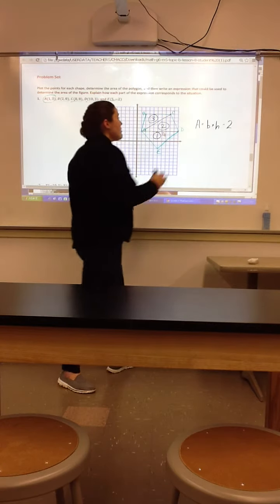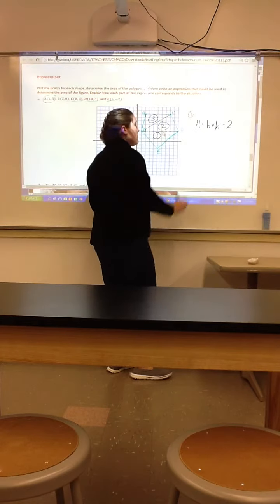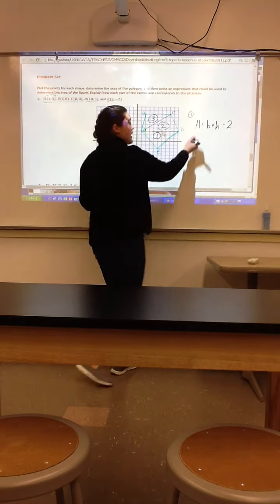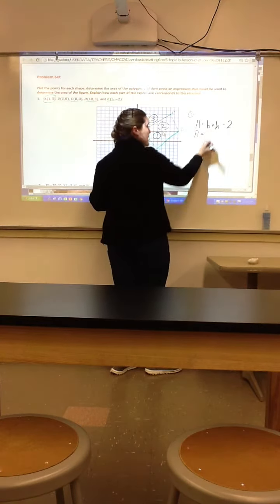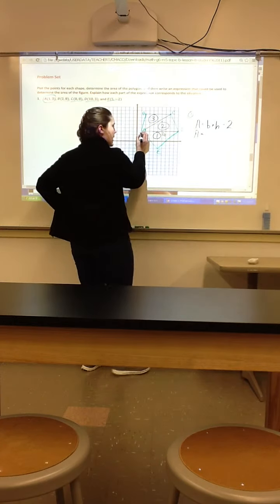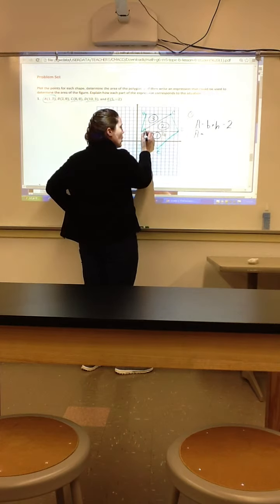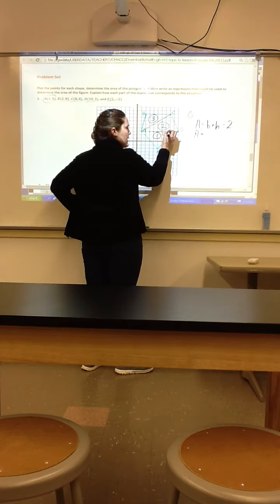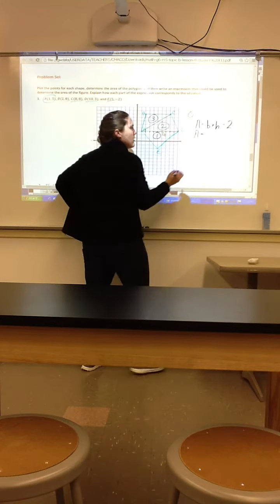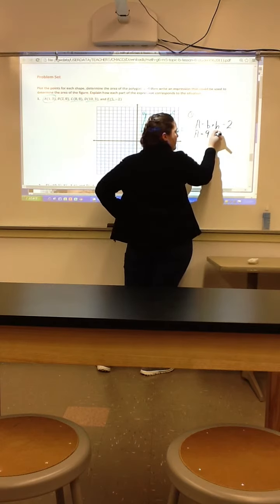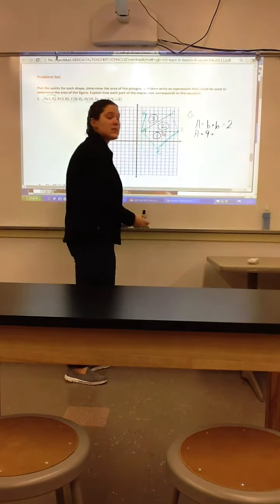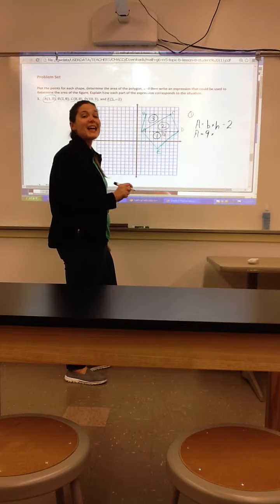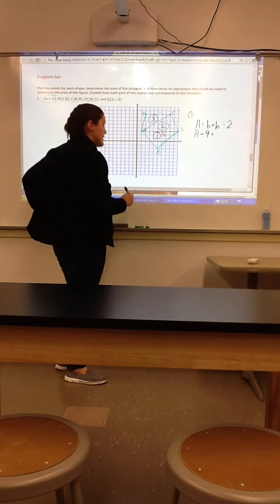So for triangle number 1, my area is going to equal my base, so I count from A to D. 1, 2, 3, 4, 5, 6, 7, 8, 9. My base is 9.